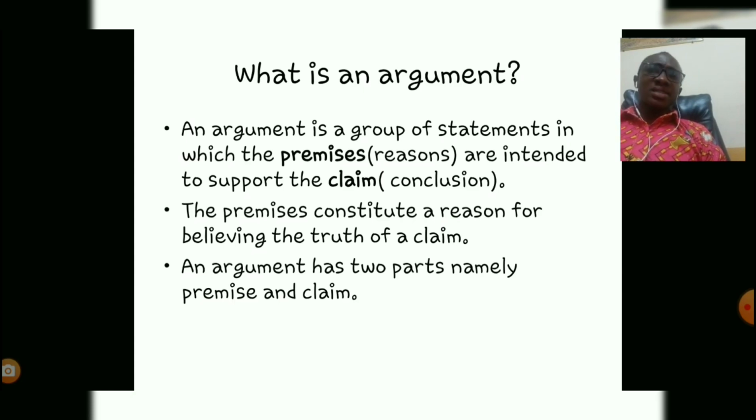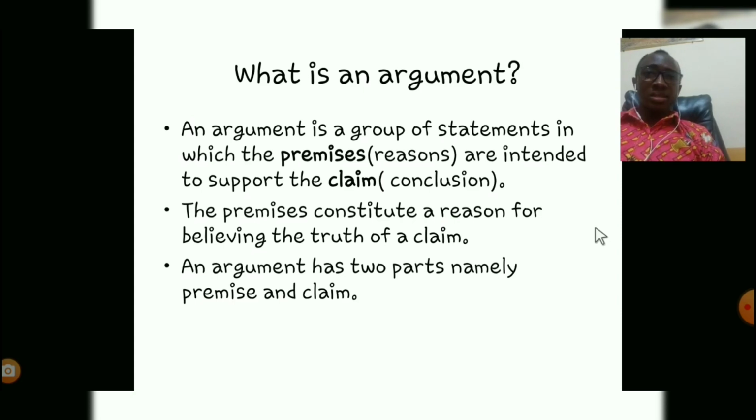Now, why am I saying that wearing a white cloth on a sunny day is the best? I'll give reasons for that. I believe that white cloth reflects heat from the sun, so it doesn't make you feel hot. So you see, I didn't just say you should wear a white cloth on a sunny day. I gave you a reason that white cloth would reflect heat. It's an argument.